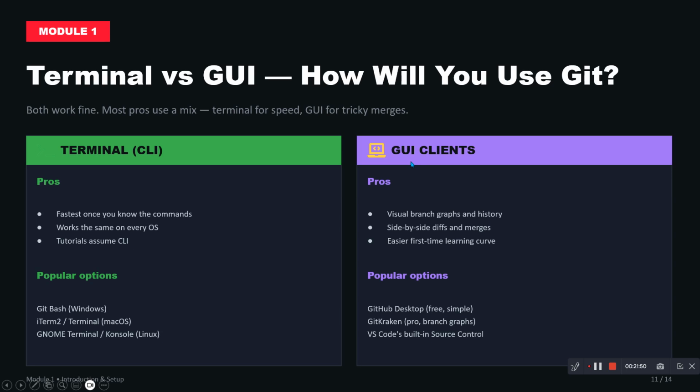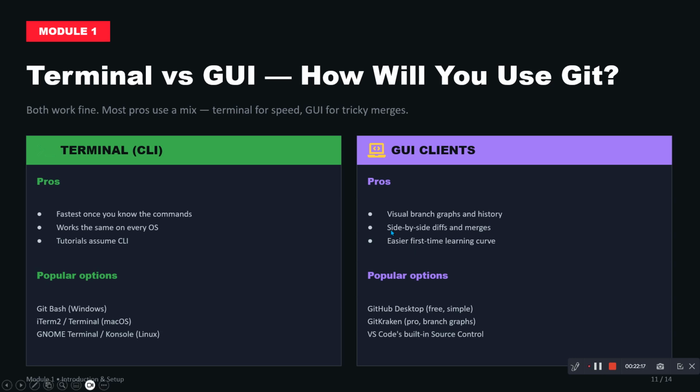Then you do have GUI clients, which provide the user interface. So basically, if you want to do the activities and see the visual representation of whatever you are doing, and also the history in a visual format, then you can use the GUI clients. Some of the advantages are that it provides the visual representation, which will be easy for any newbies to identify what is happening.